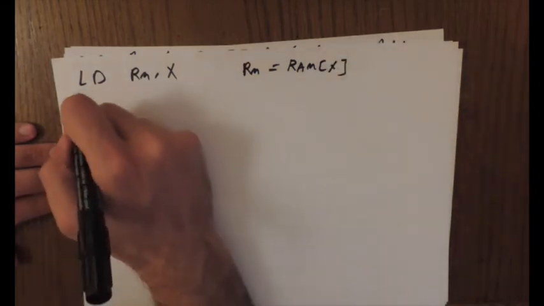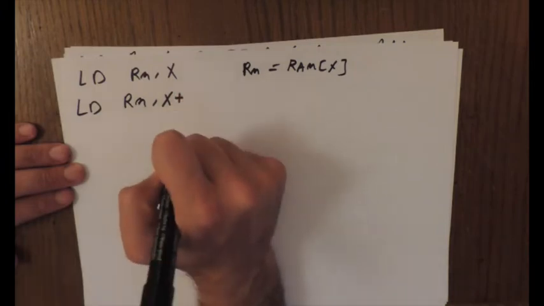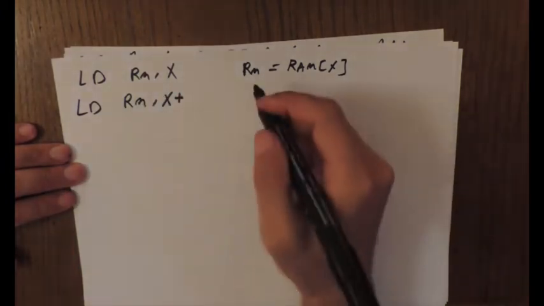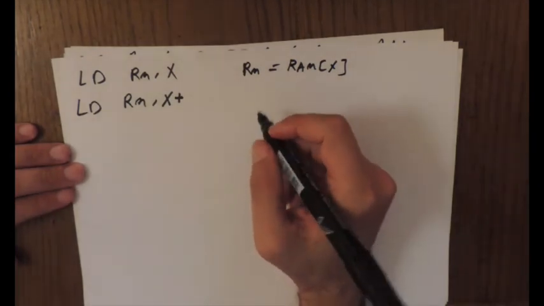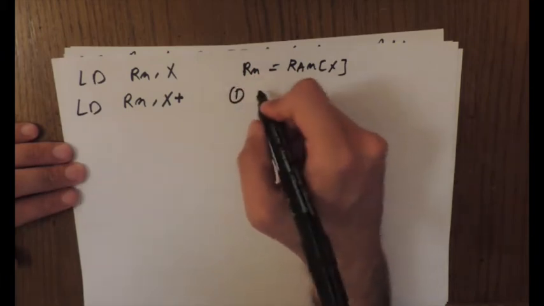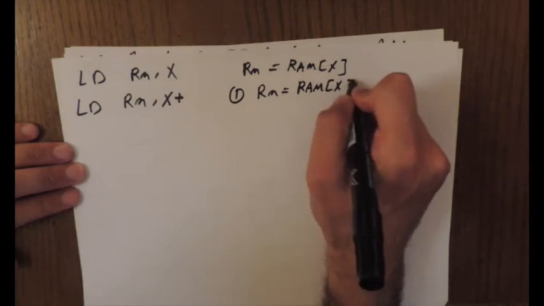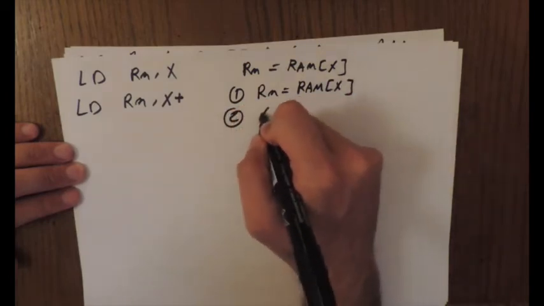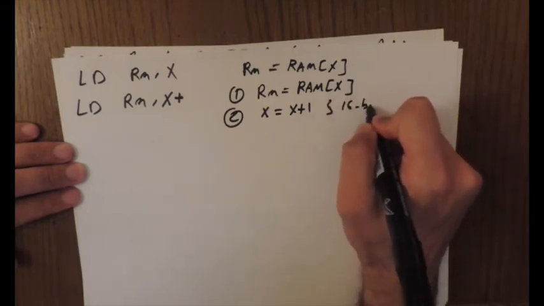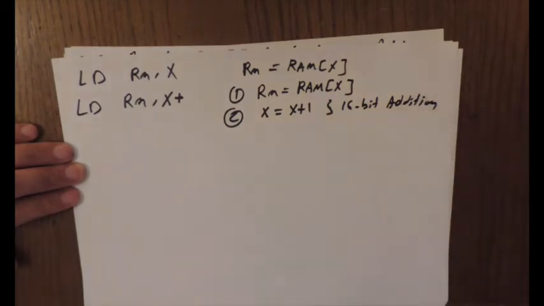Now I have a nice directive: if I place this plus sign here, this is called loading after, or auto incrementing. So after loading the location by x, first we do rn equal to ram of x, and second x is equal to x plus 1, and this is done in 16-bit addition. So I don't have to worry about the carry.